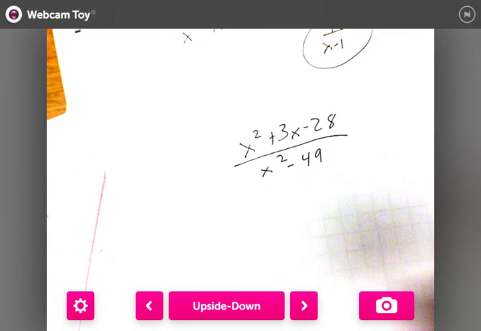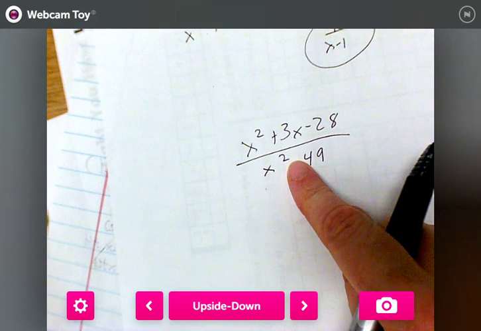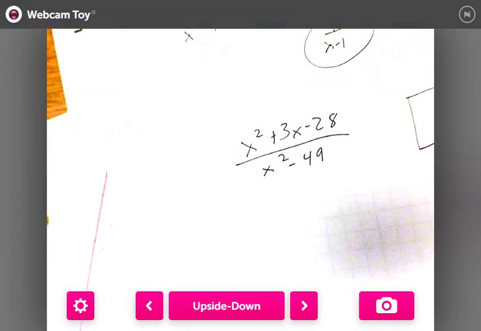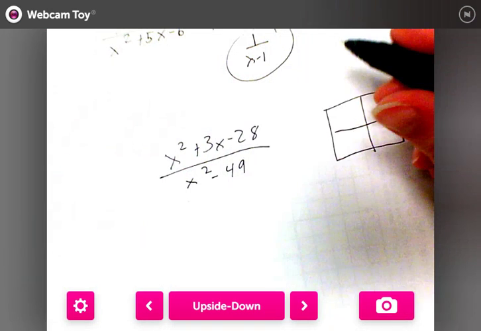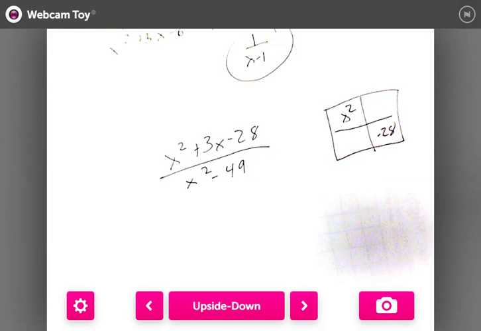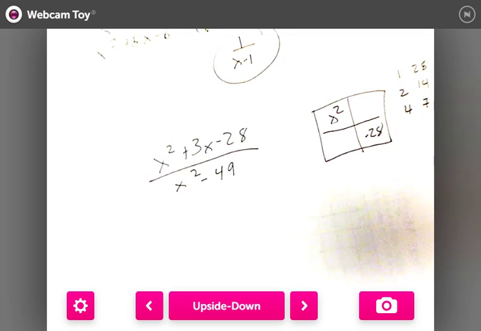All right. So this one, I think we're going to be able to factor the top and the bottom. So let's just look at the top first. So we know we've got that Punnett square. We've got x squared here and negative 28 here. Let's think of all the things we can multiply to give us 28. I've got 1 and 28, 2 and 14, 4 and 7, and that's it, I think.